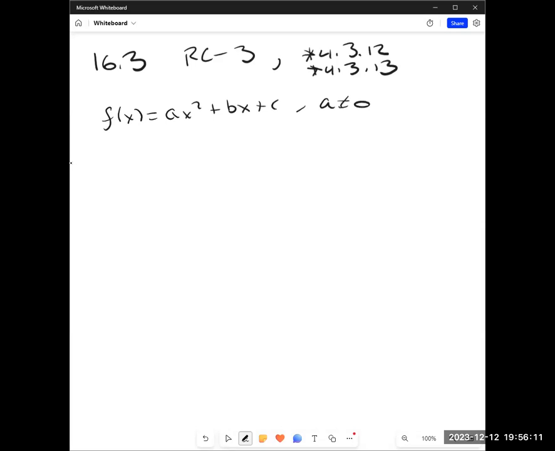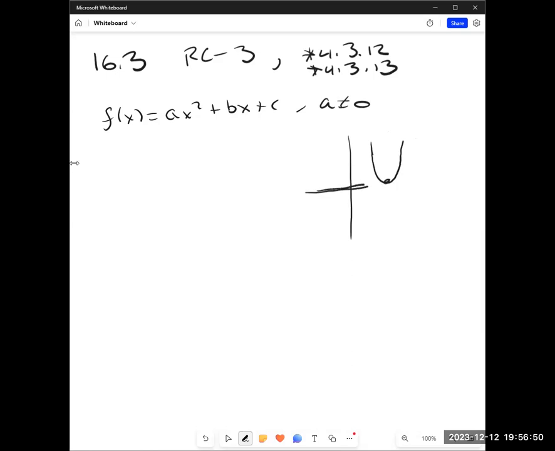Well, hopefully you know what a parabola looks like. The graph of ax squared plus bx plus c is a parabola that's going to open up or open down depending on the sign of this a term, and it could possibly cross through the x-axis a couple of times, or it may come down here and touch and go back up, or come from the bottom and touch and go back down, something like that.